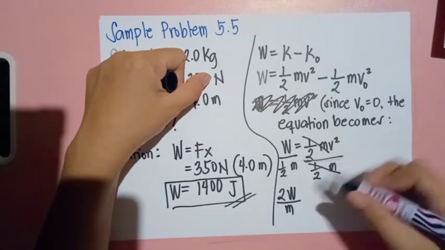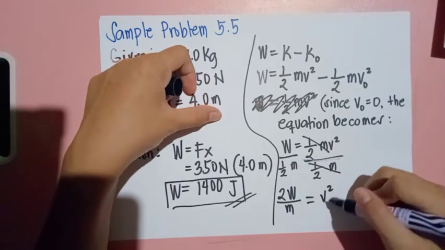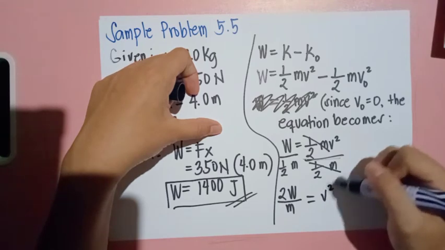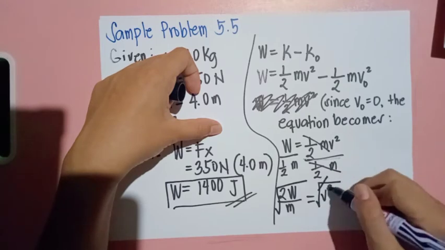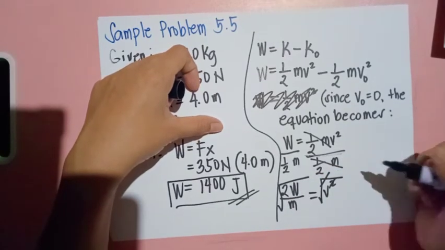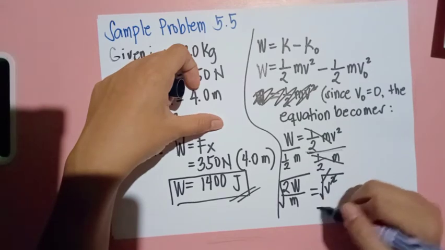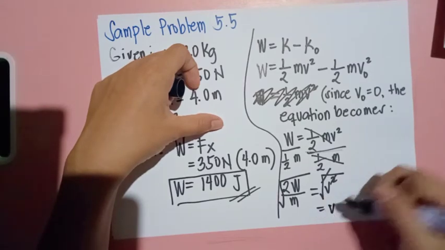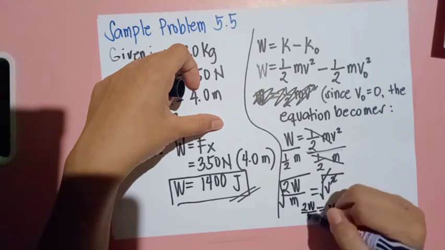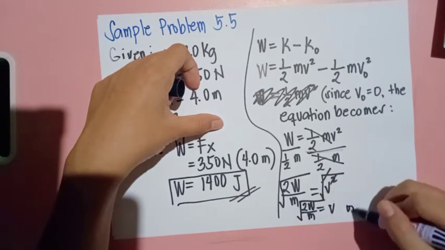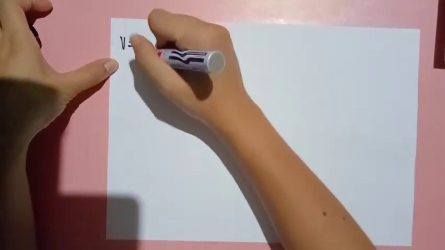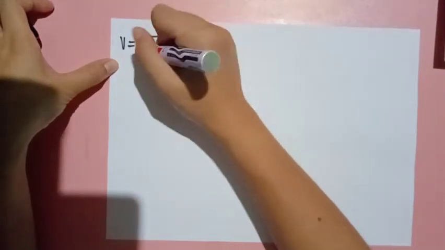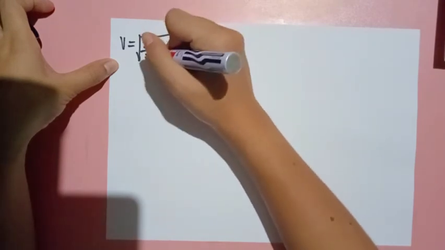That's why we have 2 there. And then since we have here the square, we have to extract the square root, so v equals square root of 2W over m.